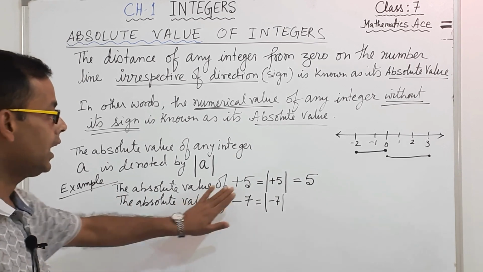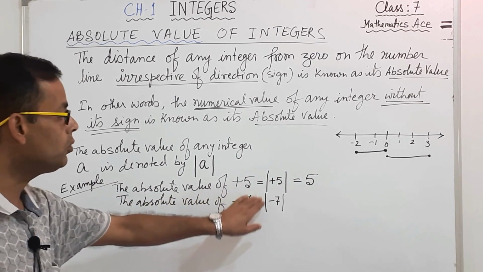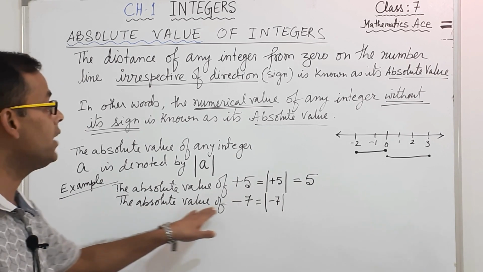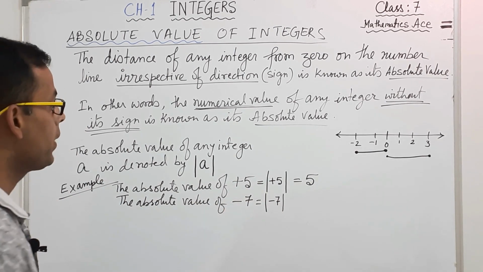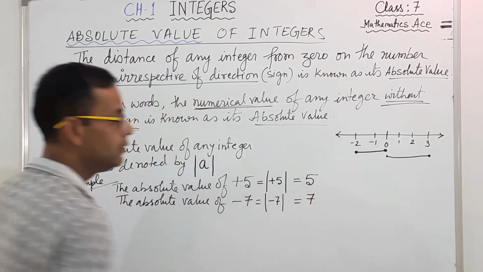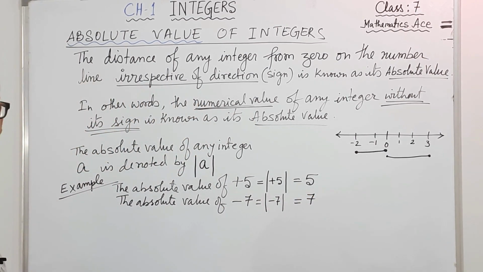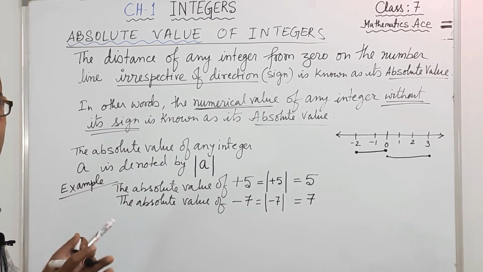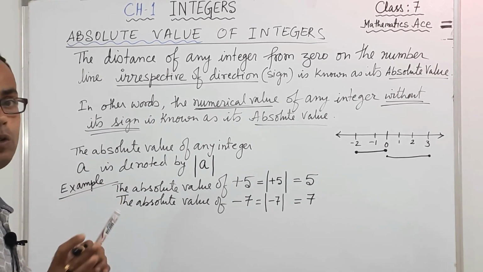Understanding or no? And if you don't want to put these two standing lines, then you write in words, the absolute value of -7. Now what will come? Only the numerical value, that is 7. Is the concept clear now? So this was the concept about the absolute value.